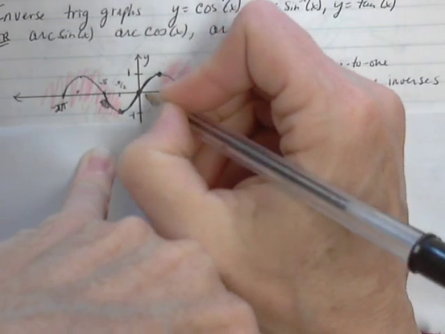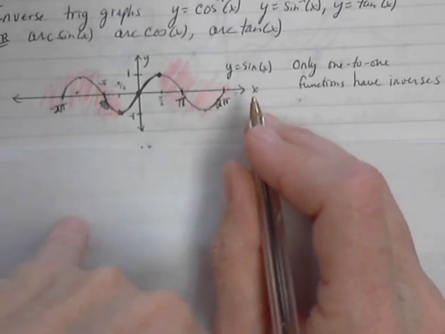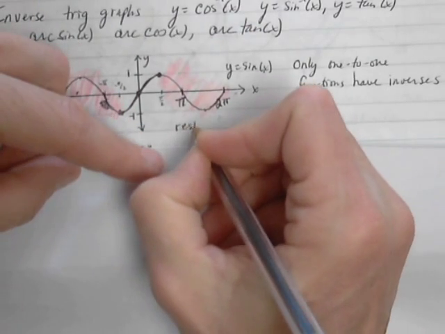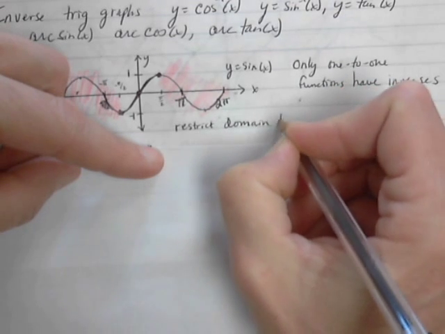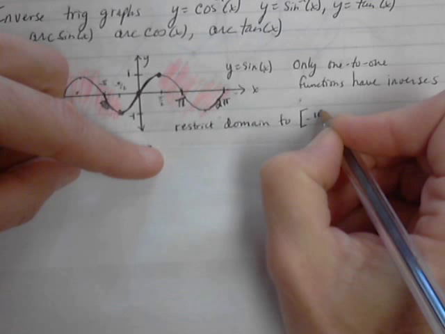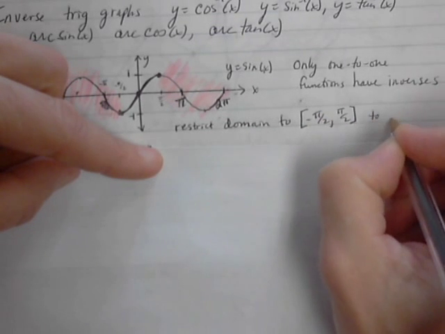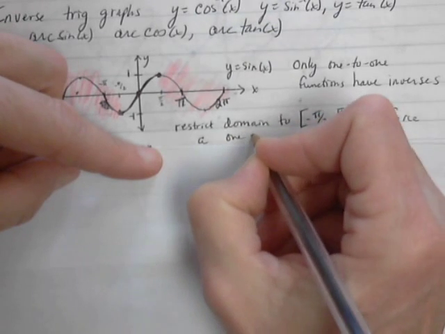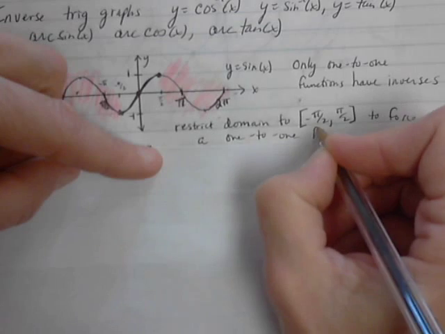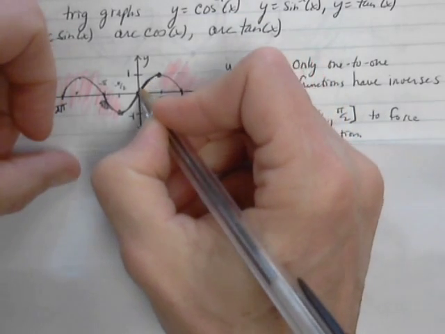And if you restrict the domain that way, then you have a one-to-one function. So down here we can say we can restrict the domain to negative pi over 2 to pi over 2 to force a one-to-one function. Therefore, we can create an inverse.